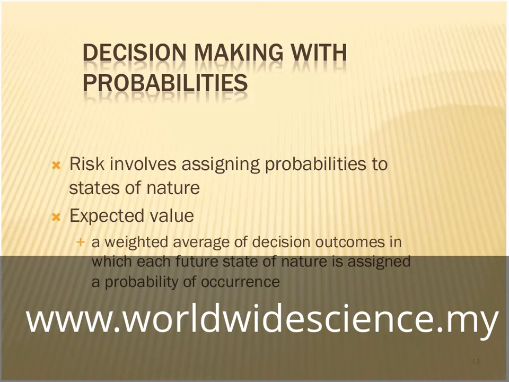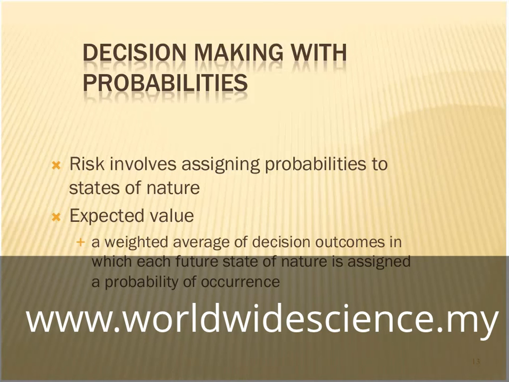If you can calculate a probability of occurrence for each of the states of nature, it's better that you use the expected value formula that is used in decision making with probability or under risk.